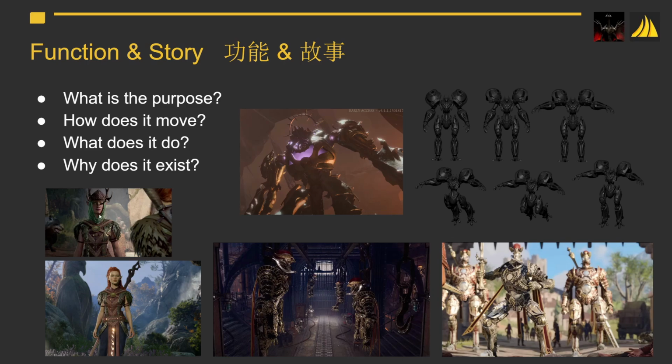Sometimes you make character outfits, right? These are more basic, but they also have a purpose. They need to dress the characters, the player character, and sometimes they need to dress NPCs as well. An important part in Baldur's Gate 3 was that we had a lot of races, so the outfit would have to be modeled to fit on all races, right?